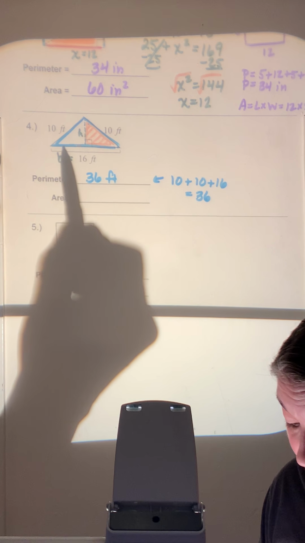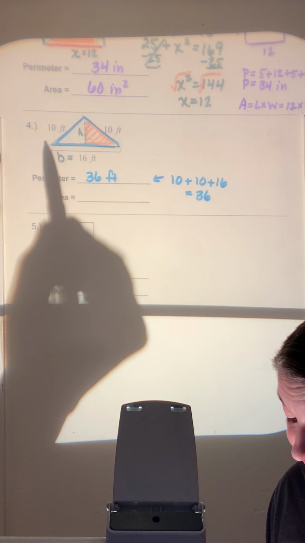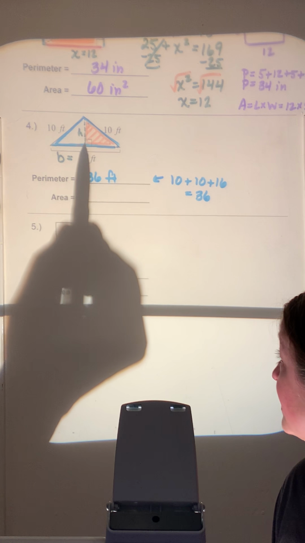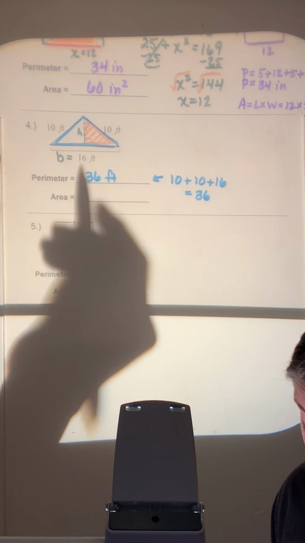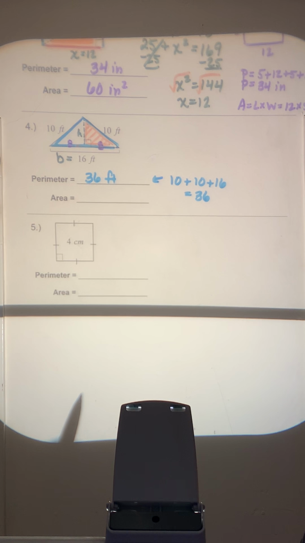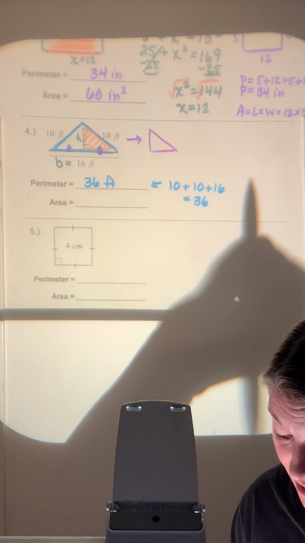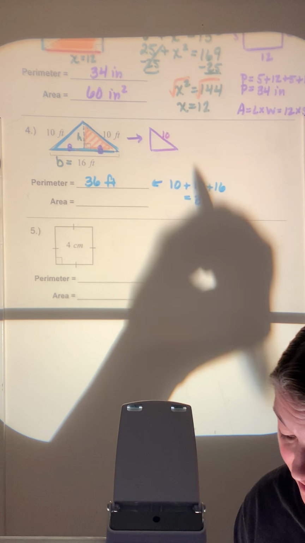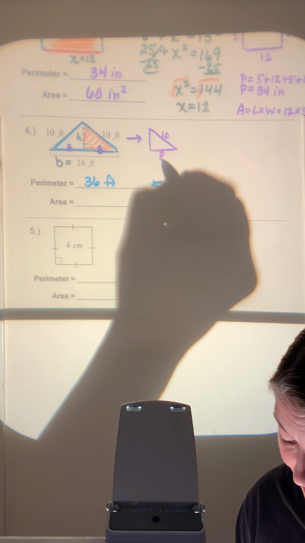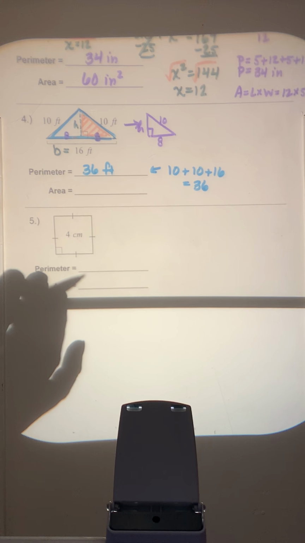So if this whole entire base is 16, because this is an isosceles triangle, guys, this height is going to break that 16 up into 2 eighths. So when we do the Pythagorean theorem on this tiny little triangle, it's going to be a 10 on the slanted part, an 8 on the bottom, and then of course we're solving for our h on the side there.